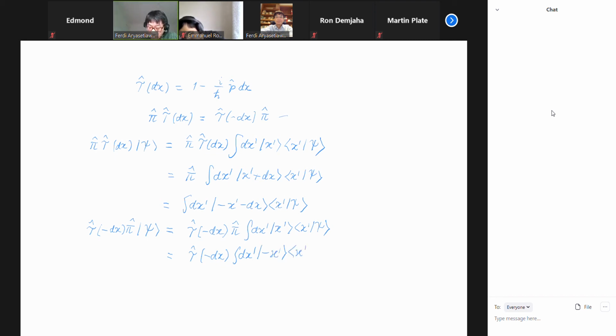I know this is quite straightforward, but it's a good little exercise to see how things work. So now we apply the translation operator. So we will shift minus x prime by minus dx. So we see that they are the same. So we have this property here.